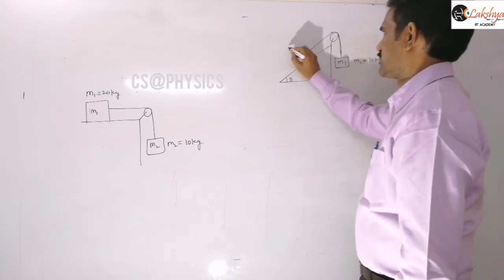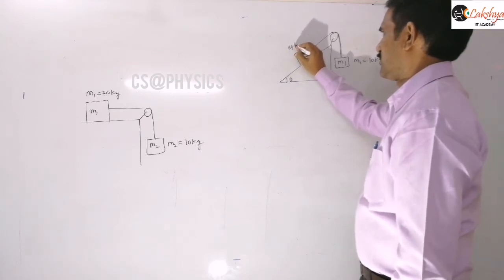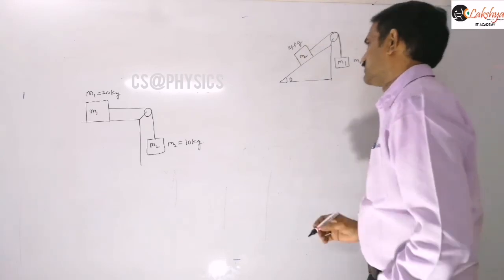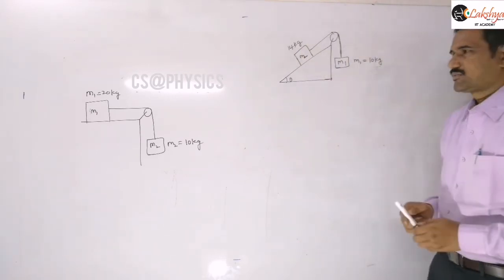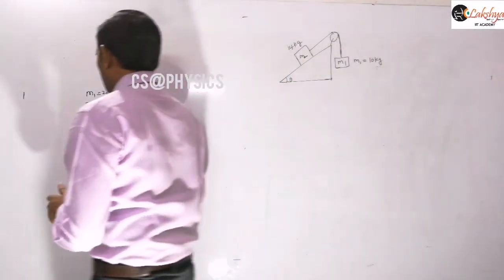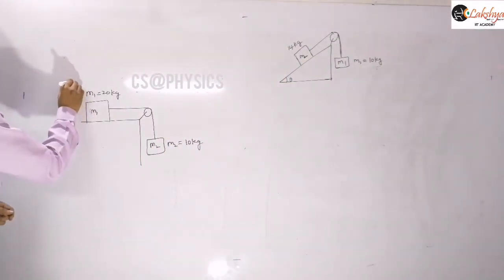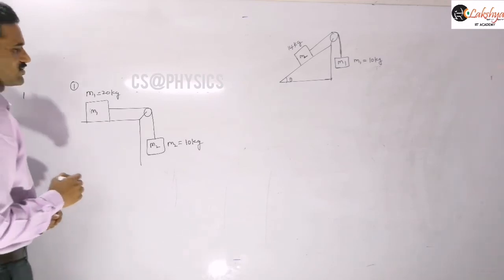And this side M2 is 14 kg. So you need to find the tension and acceleration. Common questions here. Write the tension and accelerations.